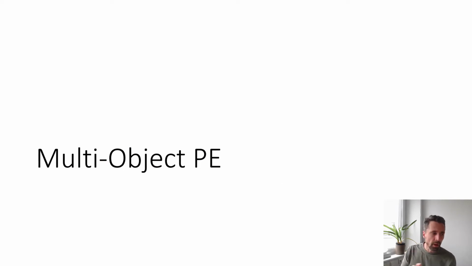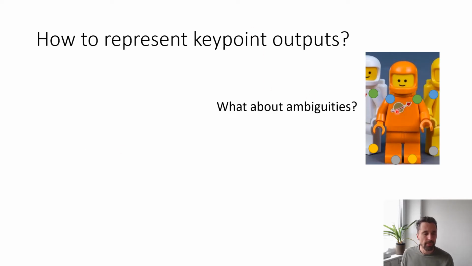Now, in multi-object pose estimation, we have a problem that would become huge if you use DPose, right? So look at this. You have the left shoulder appearing twice, the right shoulder appearing twice, the right foot appearing twice, and the left foot as well.